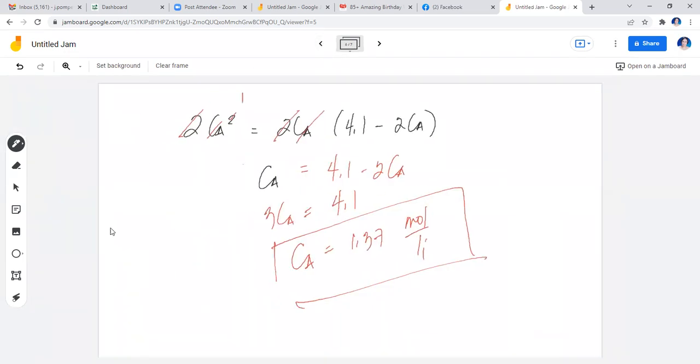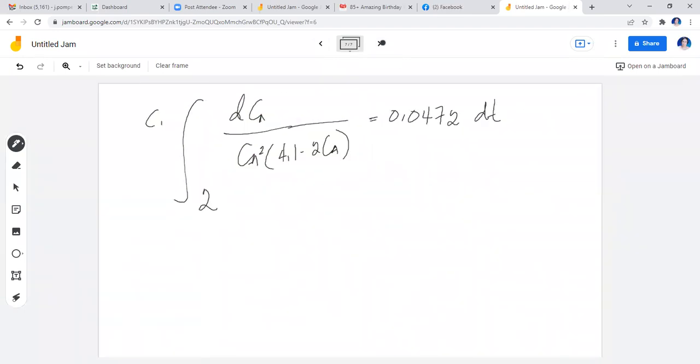It's 1.37. So you place here 1.37. Time here is 0, and you have here the time. So the right side would be 0.0472 t. So you will evaluate this integral here when the final concentration is 1.37, because that is the time when rate is maximum.